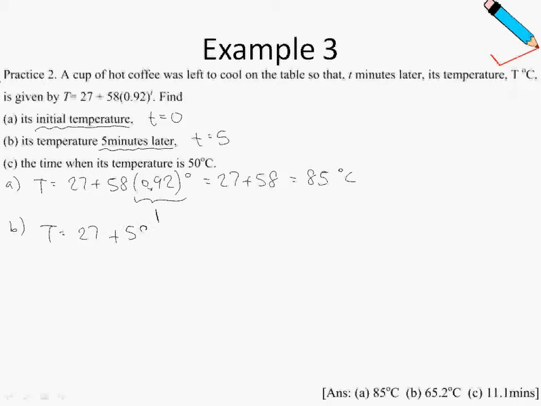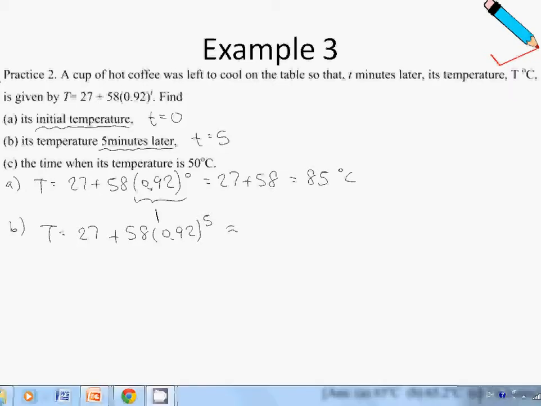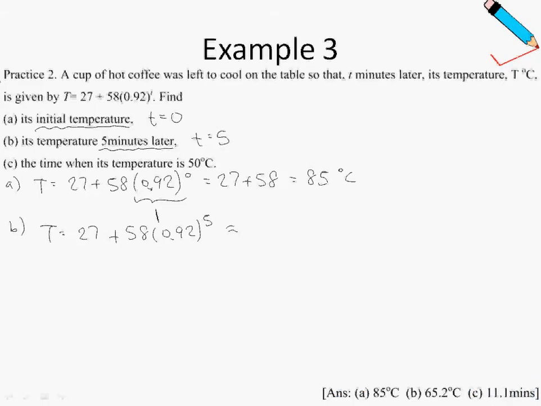So big T, which is your temperature, is just this to the power of 5. If you round this off, you'll get 65.2 degrees Celsius to 3SF.